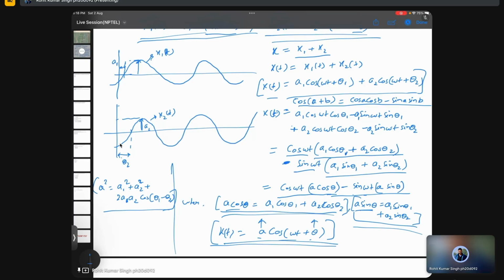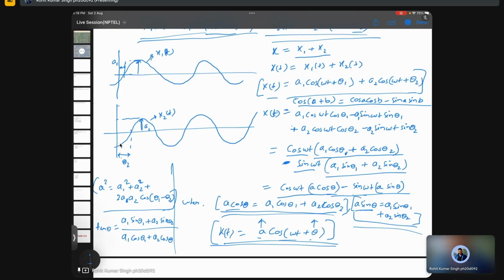And for the theta, the new phase angle, you have to just divide them. So you divide the sine by cos, you get tan theta, right? A and A cancel, and tan theta will be equal to A1 sin theta 1 plus A2 sin theta 2 over A1 cos theta 1 plus A2 cos theta 2.